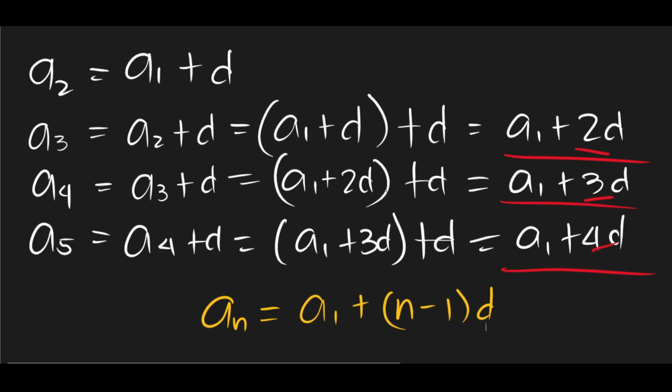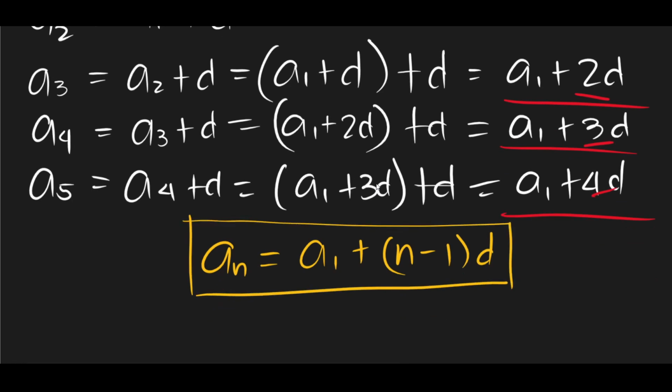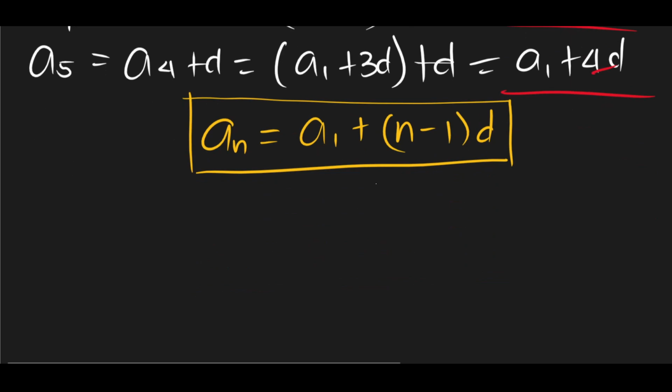This is actually really cool. We do not have to add a certain d over and over in order to get, let's say, the 100th term. So let's try this out. Let's go back to our original example.